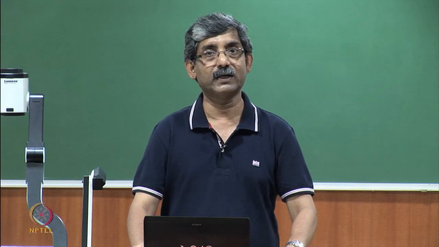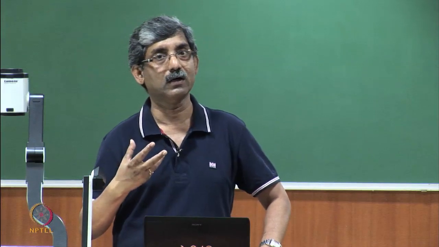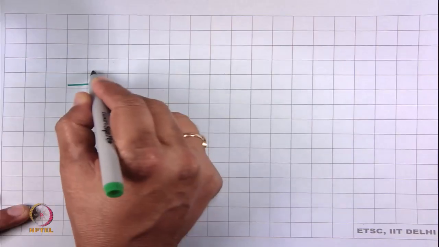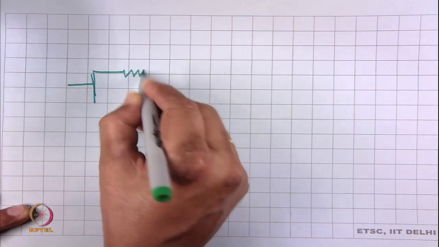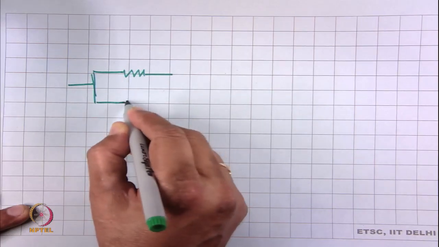The elastic component is shown by the spring model. Any textile material we can represent with a spring and a viscous model.